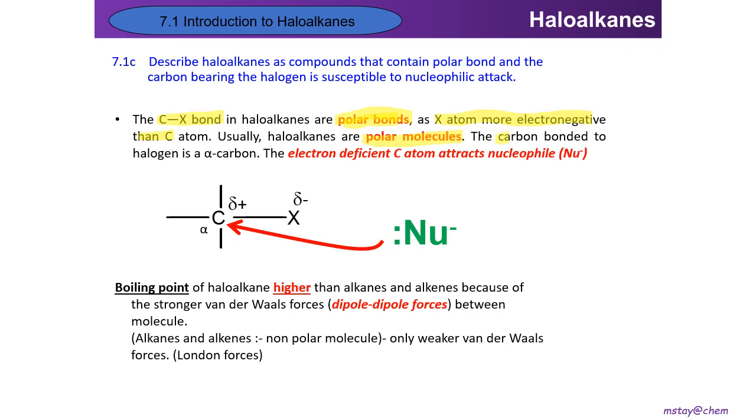The carbon that is bonded to halogen is known as the alpha carbon. This alpha carbon is generally electron deficient, so it will attract the nucleophile. That's why generally haloalkane will undergo nucleophilic substitution.